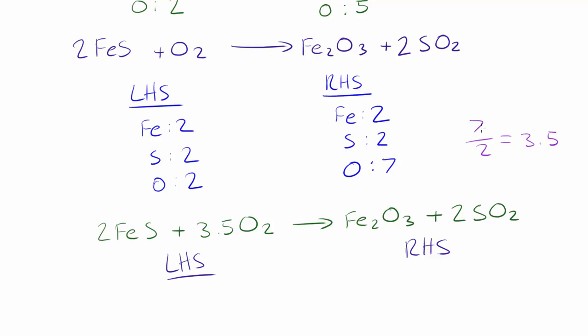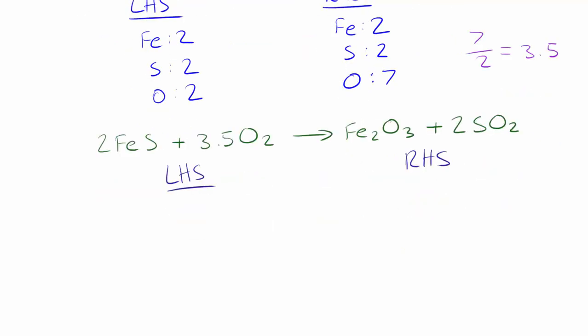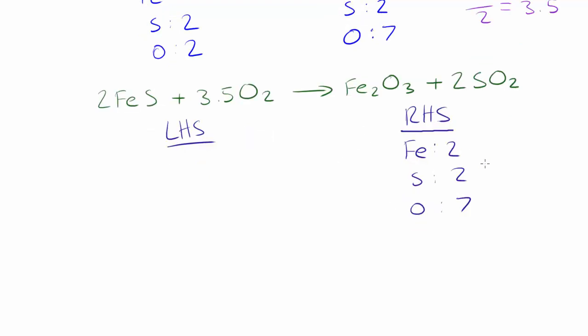So the outcome as far as the auditing is literally going to be the same as it was before, right? So we can just quickly do that. So that's going to just be 2, it's going to be 2, that's going to be 7, right? But on the left hand side, we've added the 3.5, so let's take a look at what we're actually going to get.